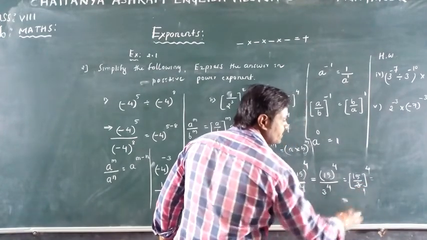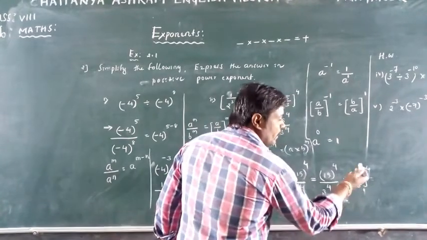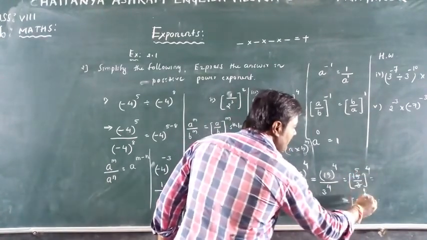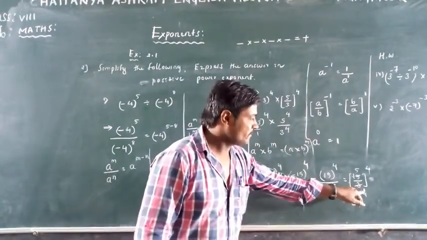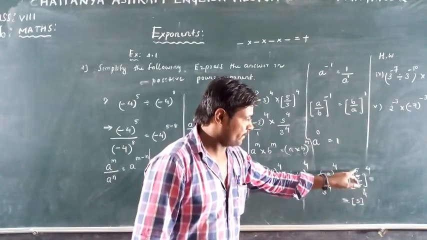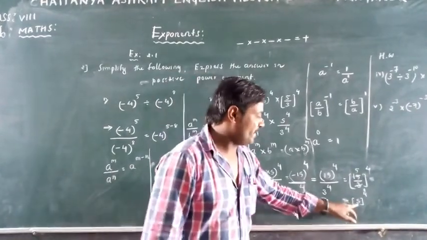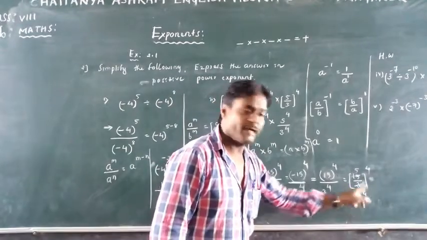3 ones are 3, 3 fives are 15. So what remains? 5 raised to the power 4. Clear? So base is 5, power is 4. Positive exponent.